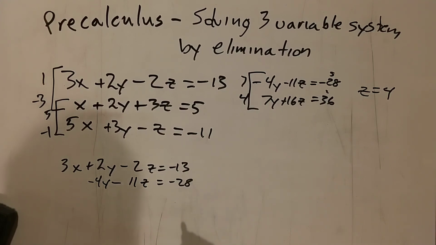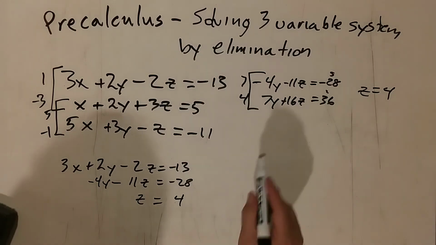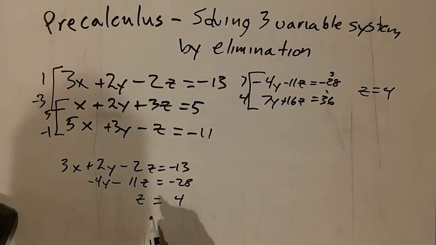We'll use that equation. And then you have z equals 4. I erased the work, but not the equations. Very good. Notice that now we have the equations written in descending numbers of variables, killing the first one and killing the second one and ending up with the last one.